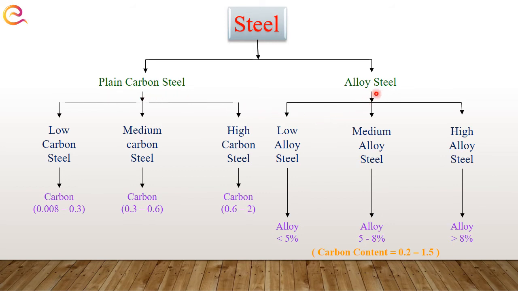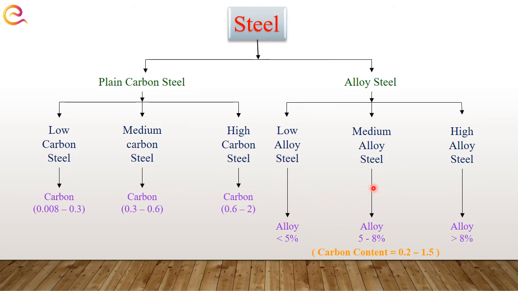Then alloy steels are also classified into three types: low alloy steel, medium alloy steel, and high alloy steel. In low alloy steel, if less than 5% of the total material is alloying element, meaning here we have mixed 4%, 3% or 2% of alloying element, then that material comes under low alloy steel.